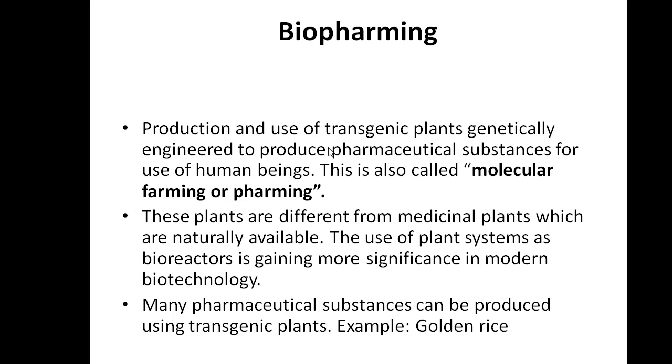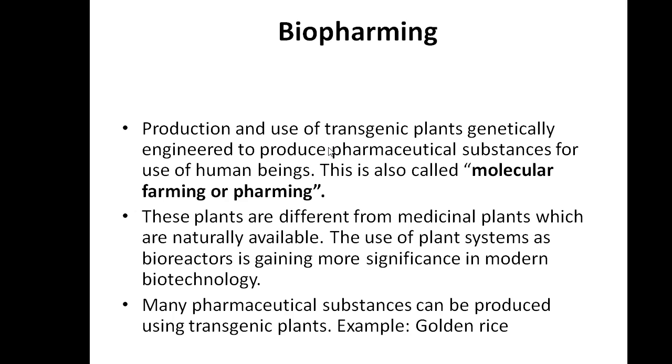That gene we take and incorporate in our desired host, so it is called biofarming. These plants are different from the naturally available medicinal plants. Medicinal plants are totally different. It is also used in bioreactors, gaining more significance in biotechnology.